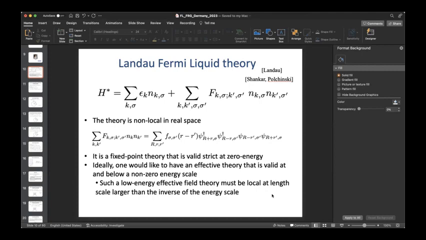So it is not captured within the fixed point theory. To make a quasi-particle decay, you need non-forward scatterings. If you want to capture that, you have to go beyond this strict forward scattering limit.